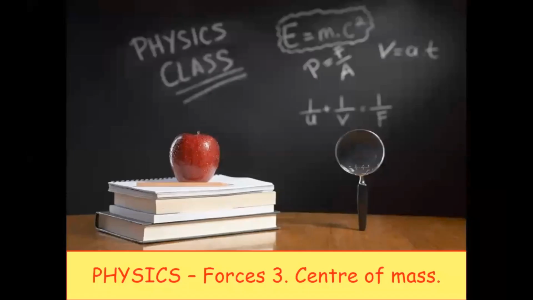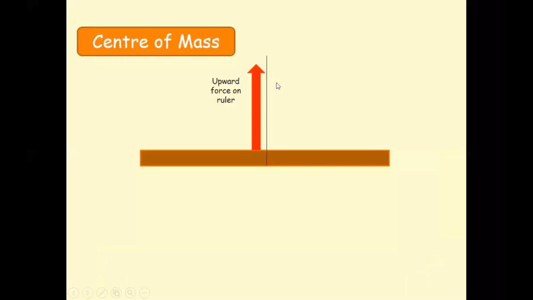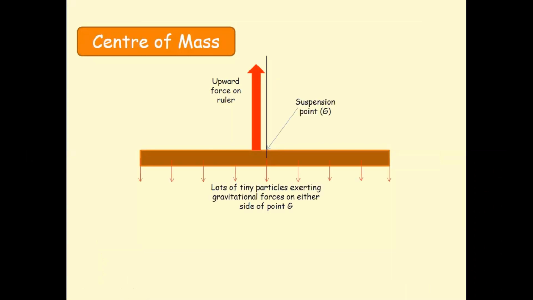Now the concept of the center of mass that we discussed, center of mass or center of gravity, that is about the upward force which is applied on this side. So definitely there are a number of forces acting on the same body downwards as well.